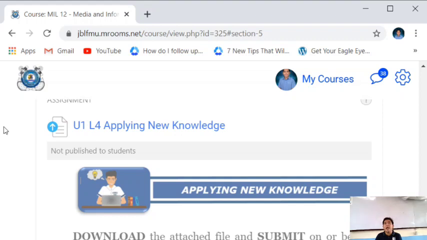Will you answer the applying new knowledge? No. If you see it in your Moodle or M-Rooms, it's because I have hidden it. If you do see the applying new knowledge, you just put it aside and don't do it.